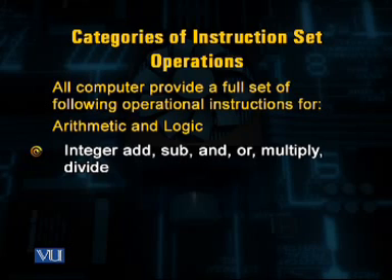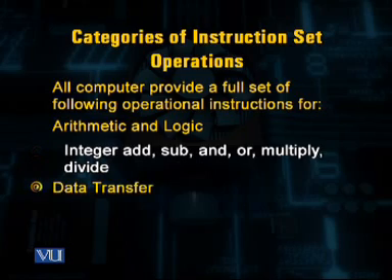Whereas the second type of operations are known as the data transfer operations. The data transfer operations are those operations which are used to transfer data either from the memory to the processor, or from the processor to the memory, or from the processor to the I/O devices, or from the I/O devices to the processor.